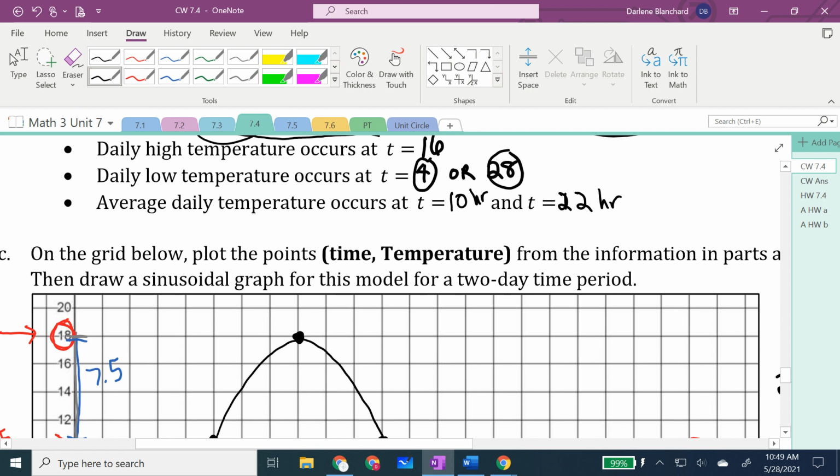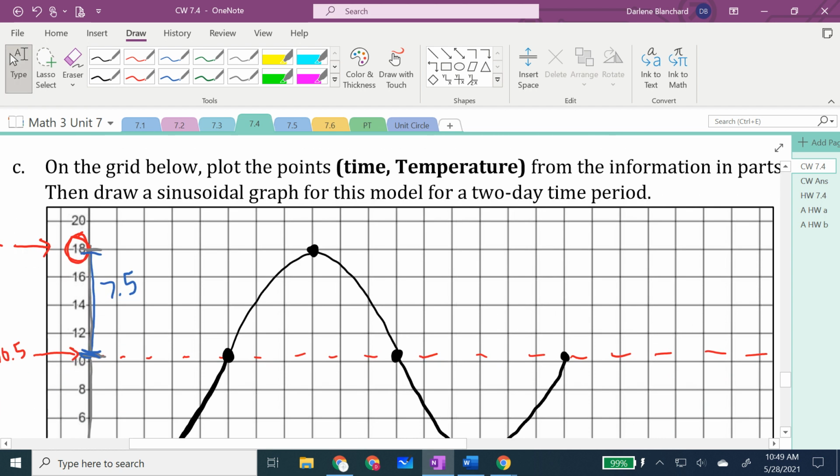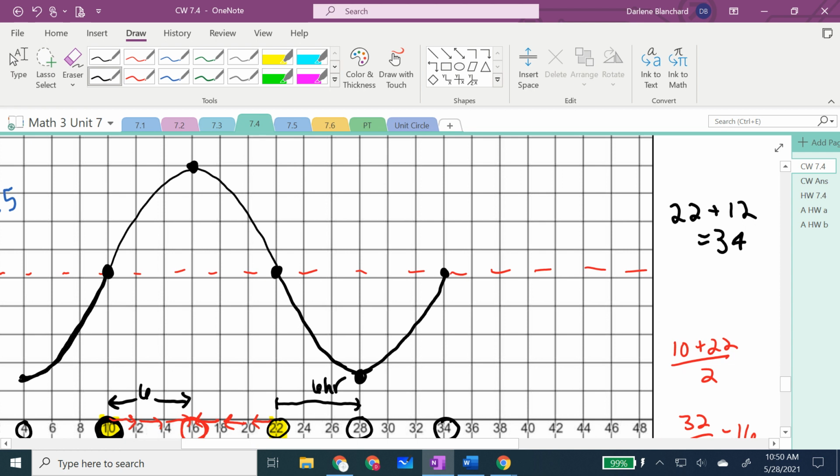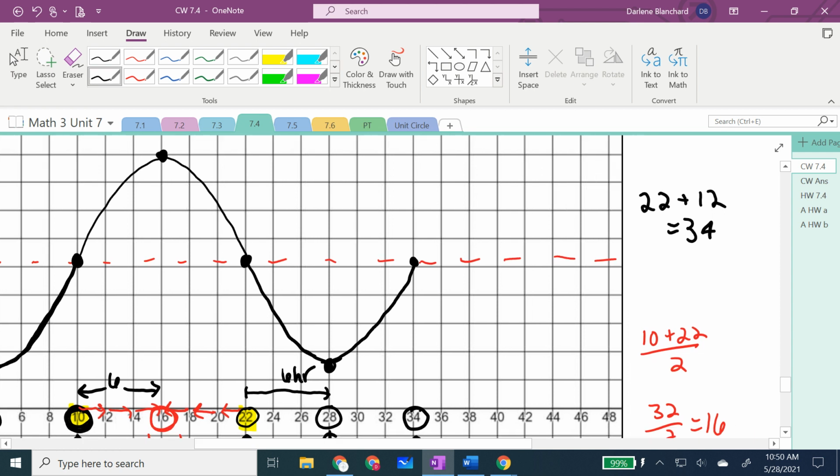If I needed to know another time that I was at my high temperature, I would just need to realize that that's going to be 1/4 cycle beyond where I just stopped, because right now it's about to head up to its highest point. So 6 hours past 34 will take me to time 40.